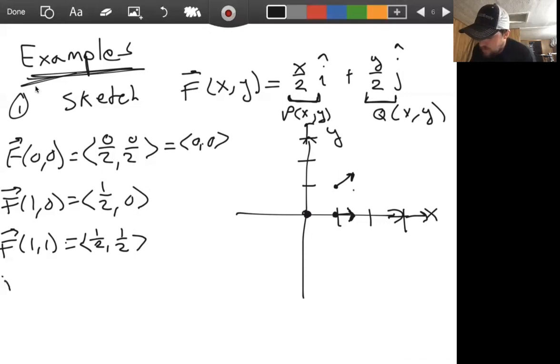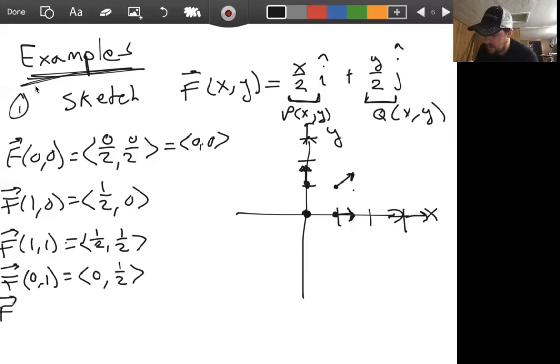And so we can keep going. What I usually like to do is I pick the origin, and then I pick points around a rectangle, right? So here, I'm going to pick 0, 1. This would be 0, 1/2, right? So here I'm going to have 0, 1/2. So we get something like this.